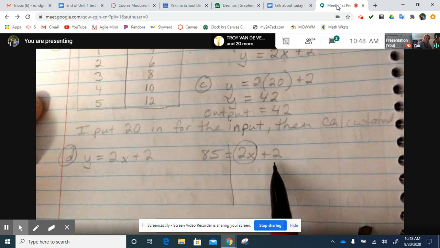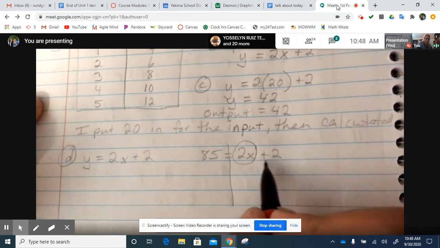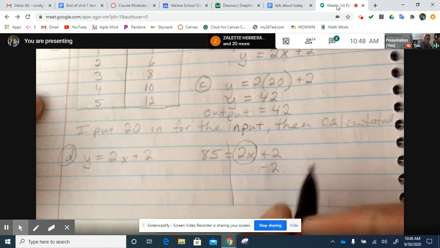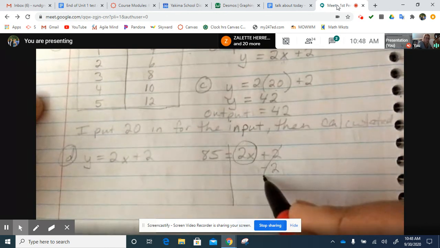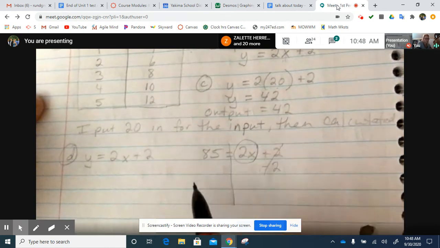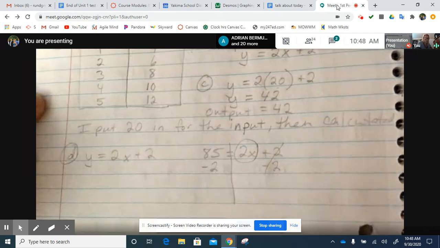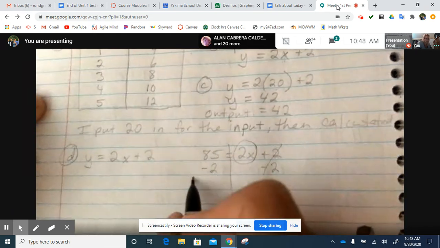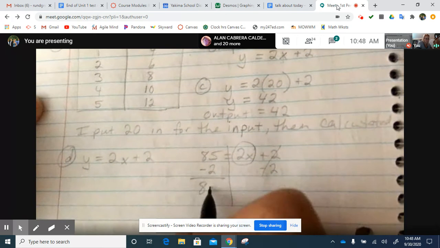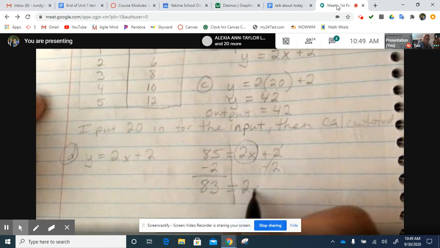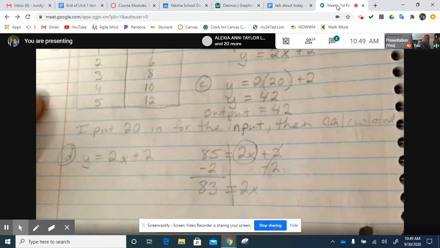Let's get rid of that 2. So it's a positive 2 or plus 2. So we need to subtract 2 to get rid of it. So that's gone. What we did to one side, gotta do to the other. So now we'll have 83 equals 2x.